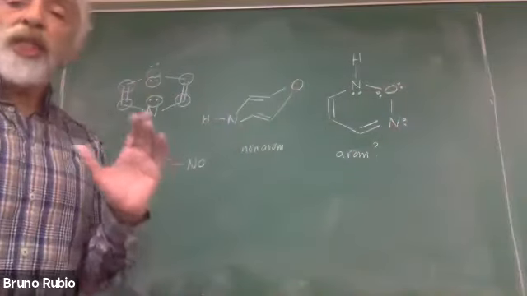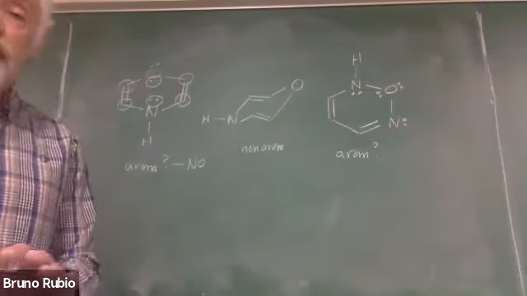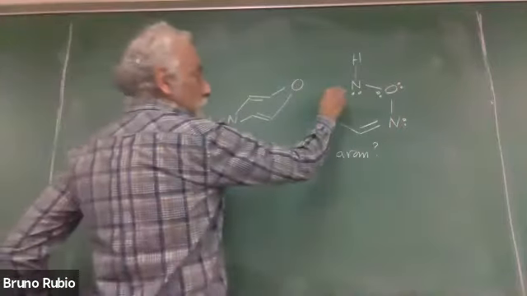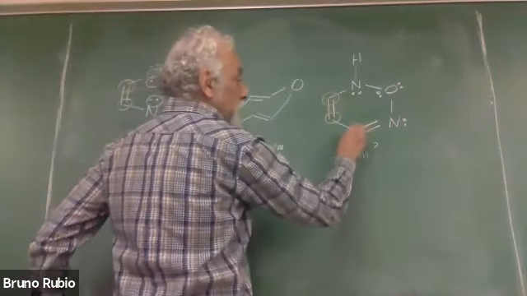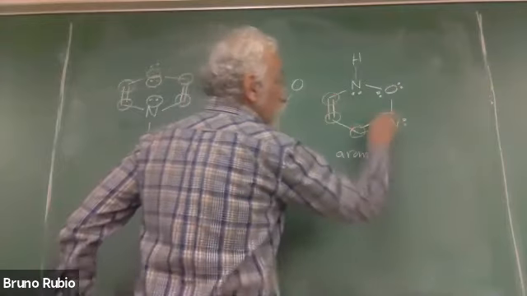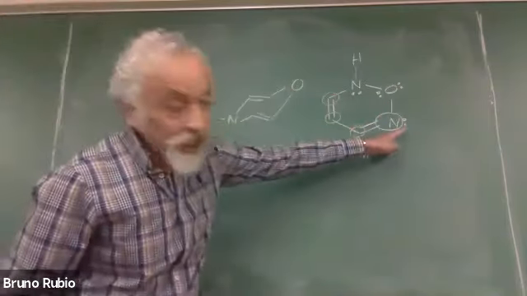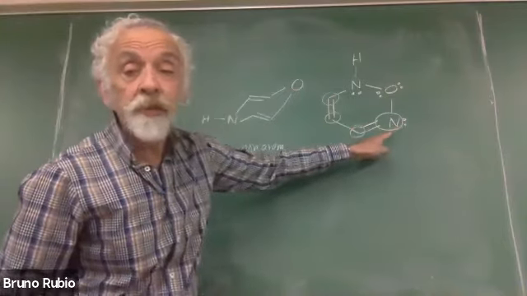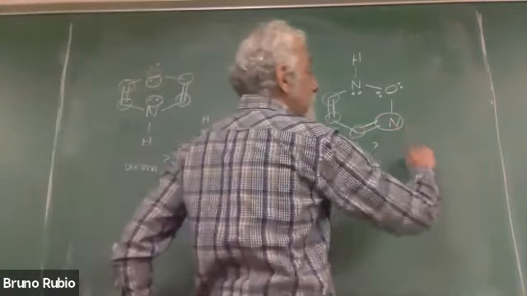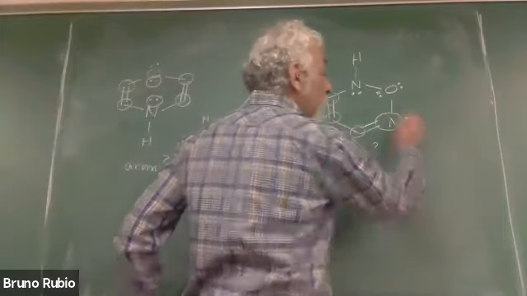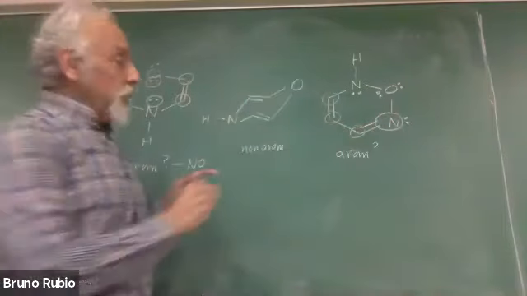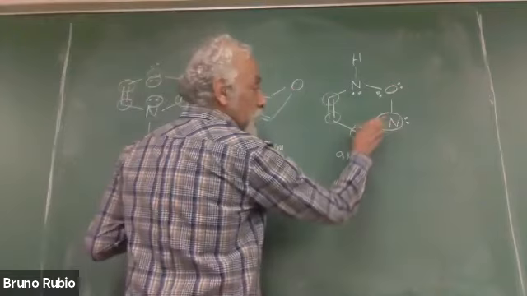Now, this causes no end of confusion, right? P orbital there, P orbital there, P orbital there, P orbital there on the nitrogen. Notice this unshared pair of electrons on this nitrogen is not in the P orbital. Right? See this line right here?